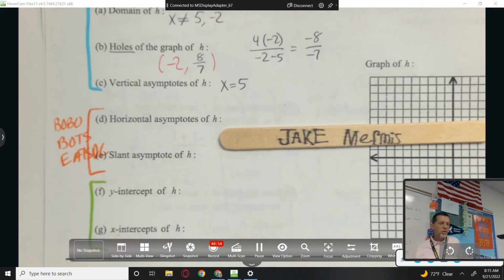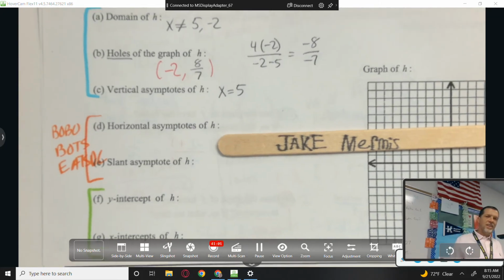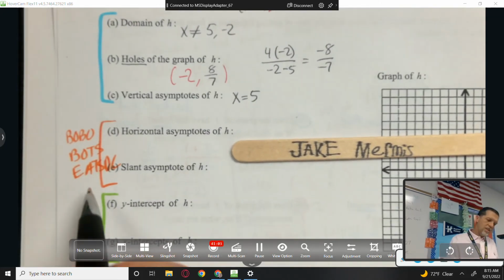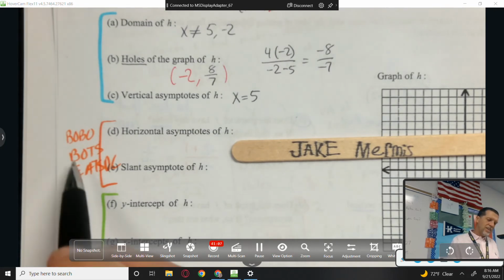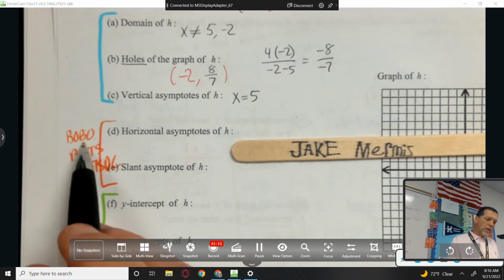Jake, is this a Bobo, a Bots, or an Eats DC problem? I'm not sure. I think it's... wait. Would it be a Bobo because bigger on the bottom? Bobo does mean bigger on bottom.